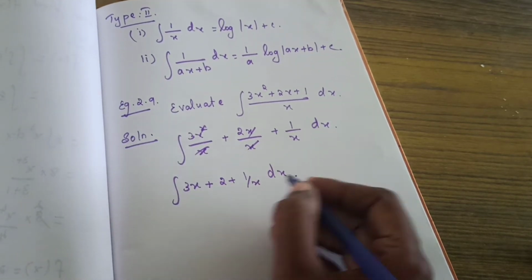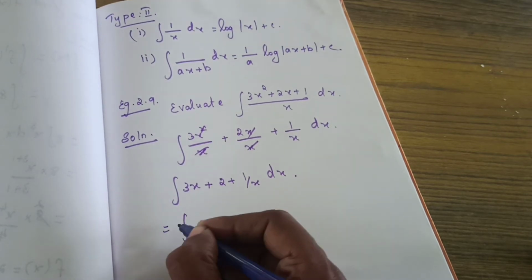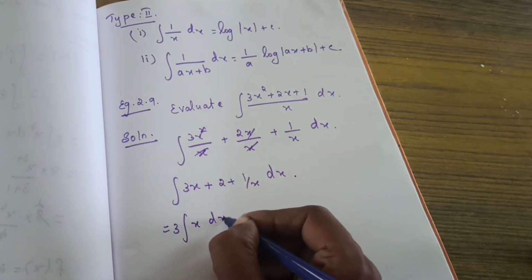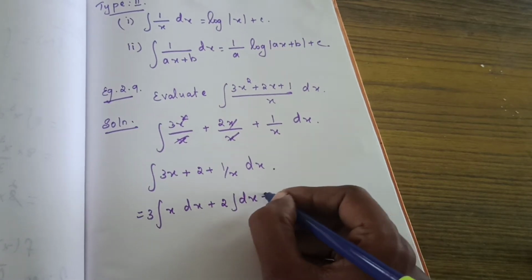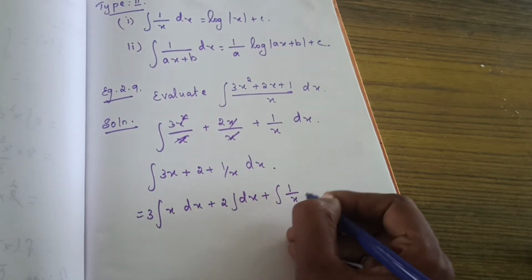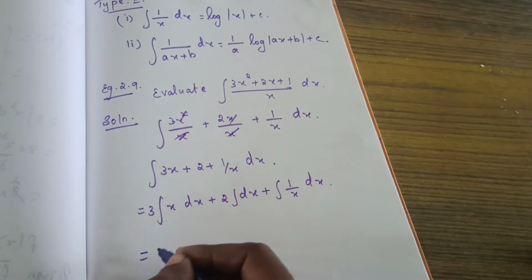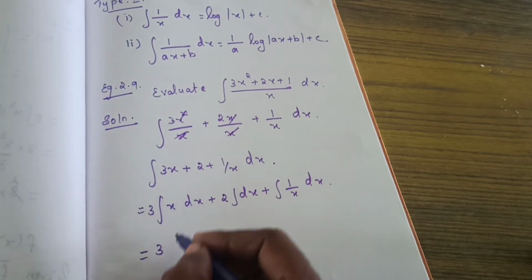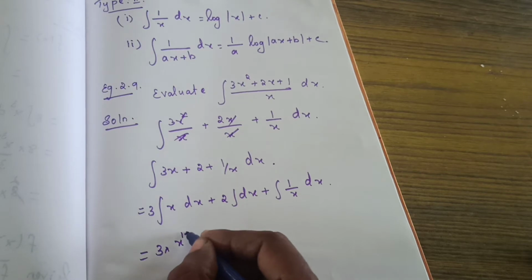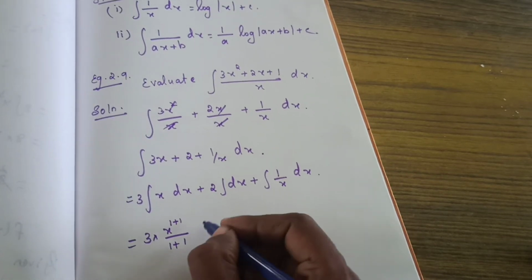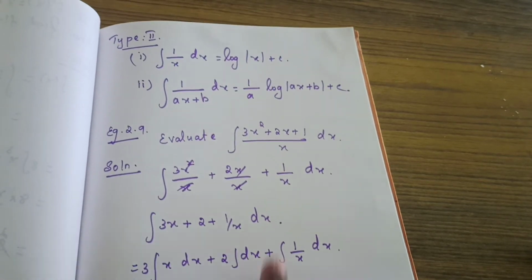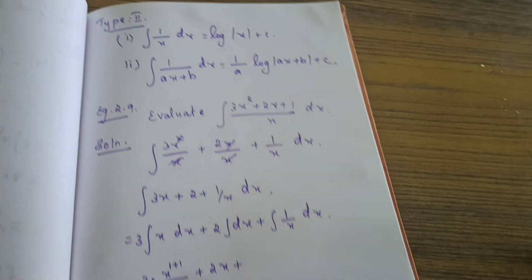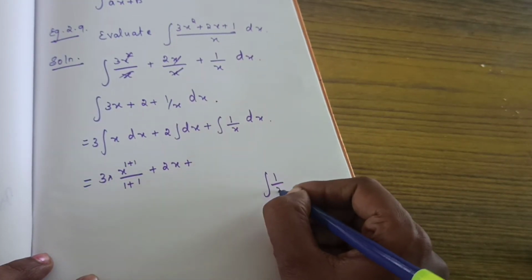Now shall we separate this one? That's equal to 3 into integral of x dx plus 2 into integral of dx plus integral of 1 by x dx. That's equal to 3 into x power 1 plus 1 divided by 1 plus 1, plus 2x, plus, what's the formula for 1 by x dx?